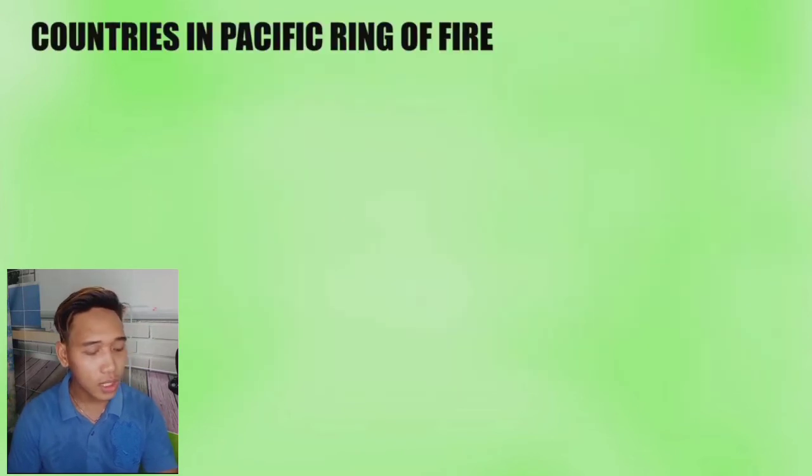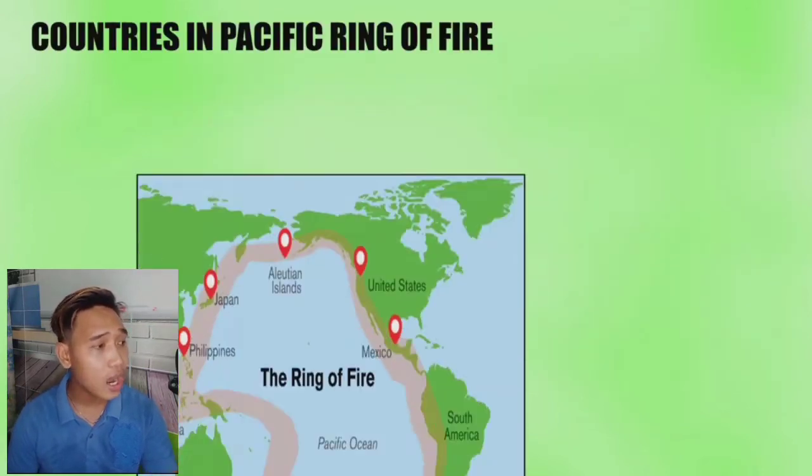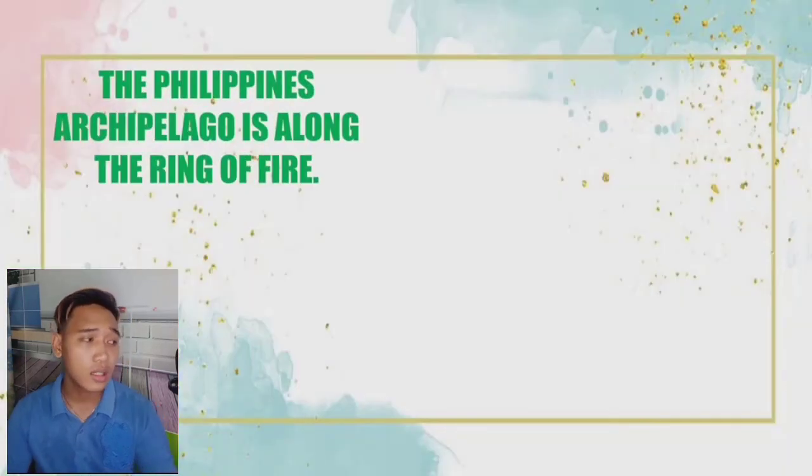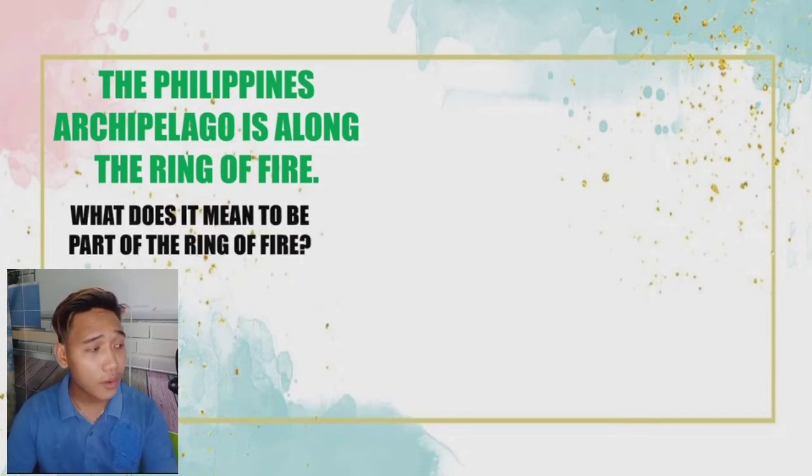Okay. Here are some of the countries that are also located in the Pacific Ring of Fire, which include Chile, Mexico, United States, Antarctica, Russia, Japan, Philippines, and many more. The Philippine archipelago is along the Ring of Fire. What does it mean to be a part of the Ring of Fire?